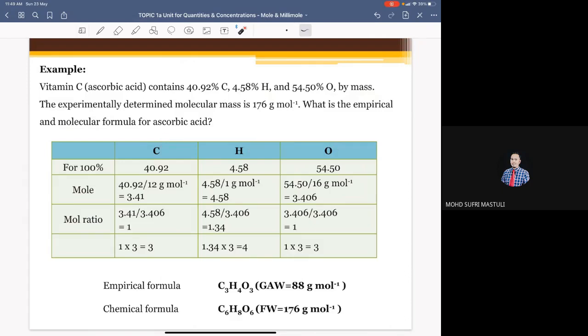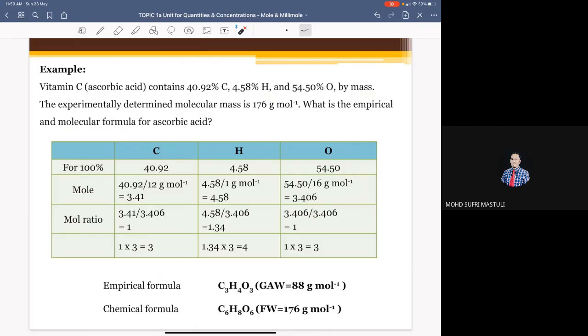As we know, this ascorbic acid contains carbon, hydrogen, and oxygen. The total mass percentage is 100%. The mass percentage for carbon is 40.92, for hydrogen is 4.58, and for oxygen is 54.50.